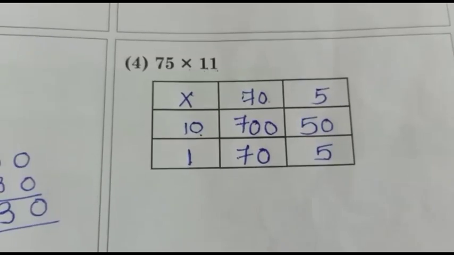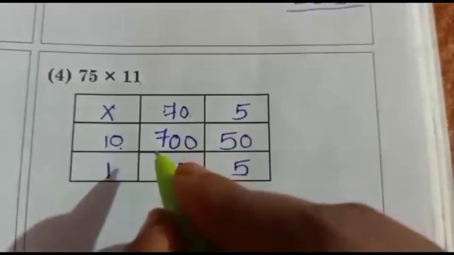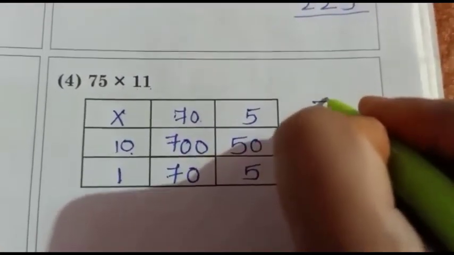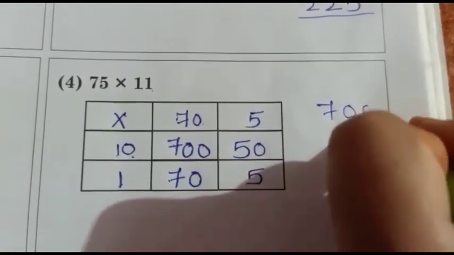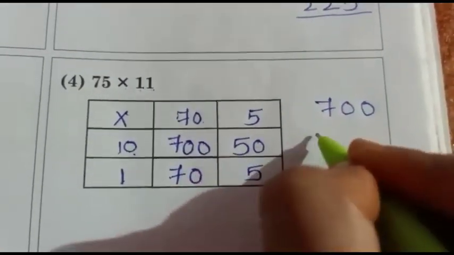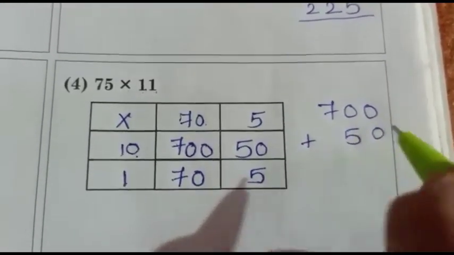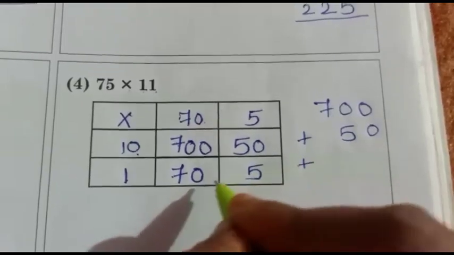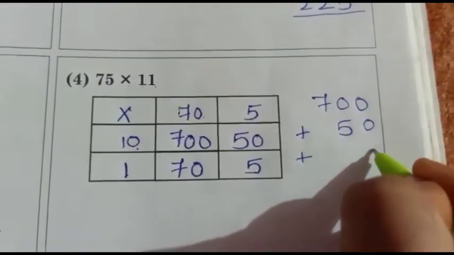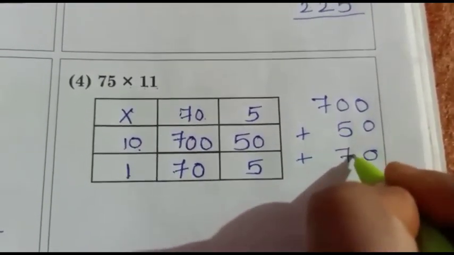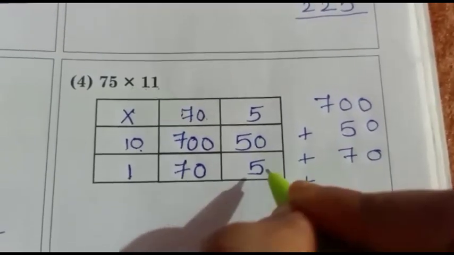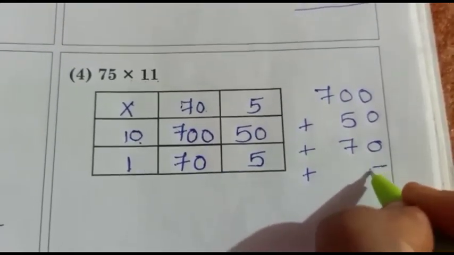Now students, you will do the addition. So for addition, first you will write this number, that is 700 plus 50 plus next number 70 plus next number, that is 5.